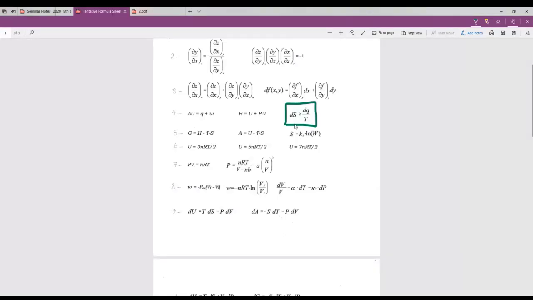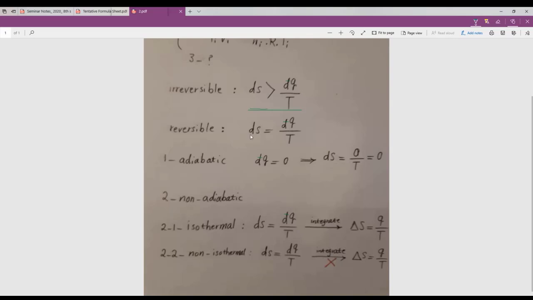I've simplified it a little bit more on this page. The inequality in that equation shows that dS is greater than dq over T. By the way, sorry, this d here for q must be a crossed d, because q is a path function, but entropy is a state function.